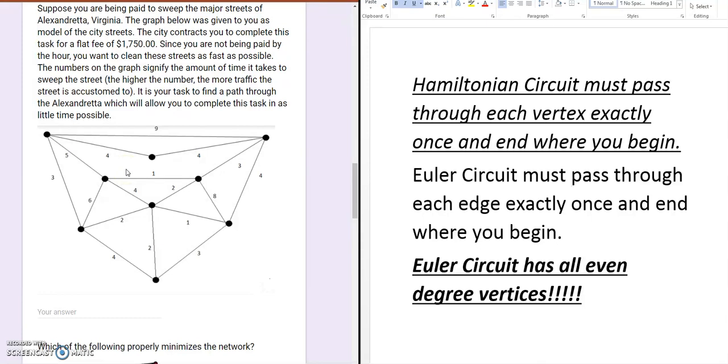So the first step is to find the odd degree vertices. The only 2 odd degree vertices, you can double check, are right here, and there always will be a pair. There will always be at least 2. So if you find 1, you'll find a second. If you find a third, you will find a fourth. So this one and this one right here are both odd.